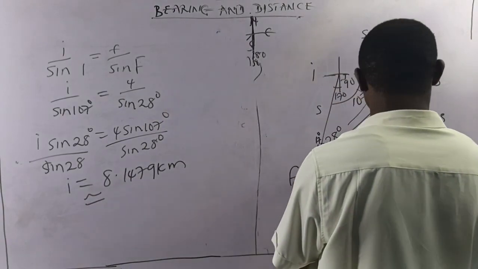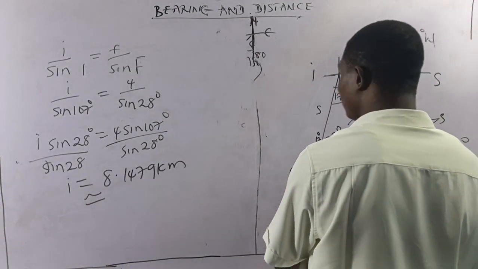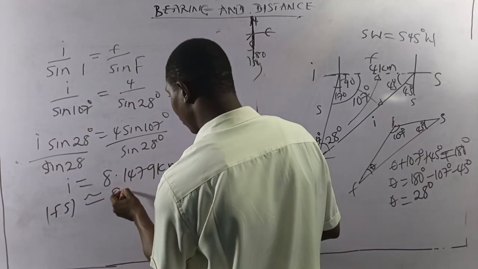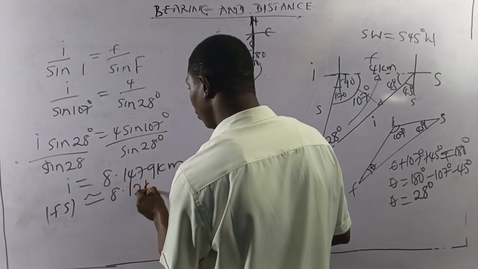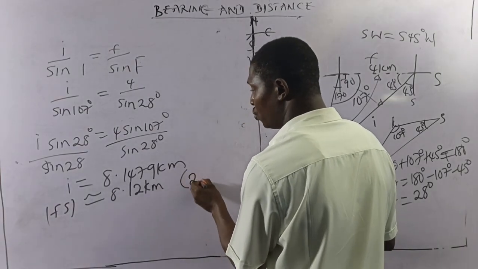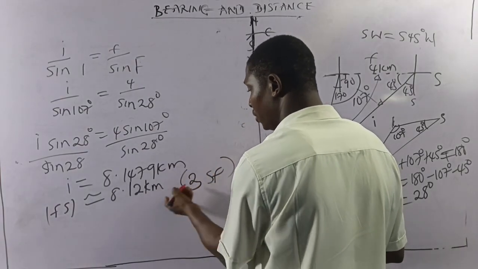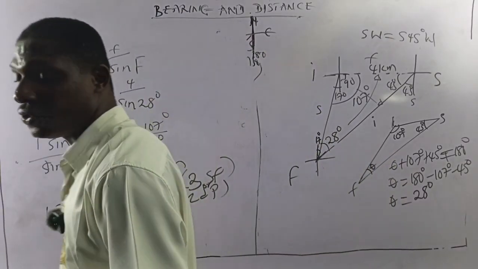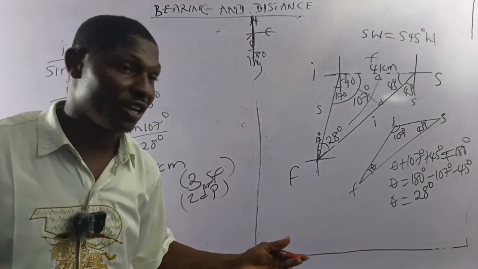So the distance from the final point to the starting point is approximately 8.12 kilometers, to 2 or 3 significant figures, or 2 decimal places, any of them is the same. So that's our answer to that problem. Thank you.